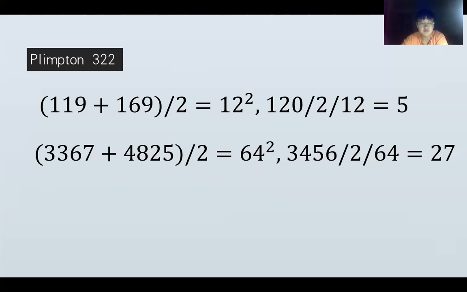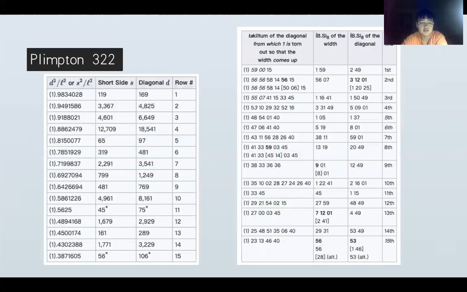And the same thing worked for the second row. As I mentioned before, this is not a coincidence at all, because if we have enough time, we can put in those numbers and give it a try. Like today we have calculators, it is really easy for us. And we can find out that those numbers meet the definition of Pythagorean triples.